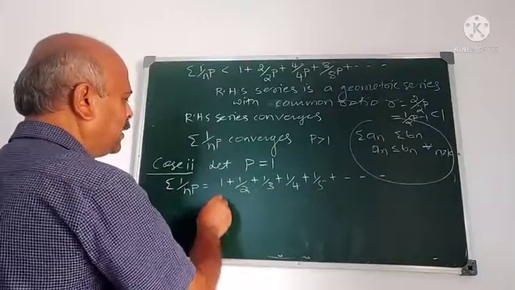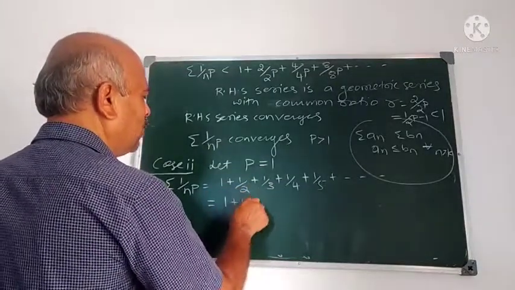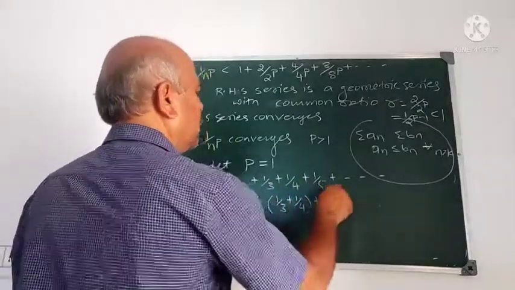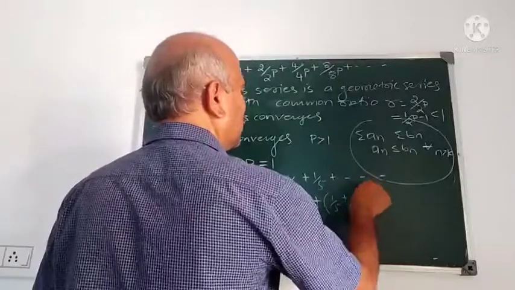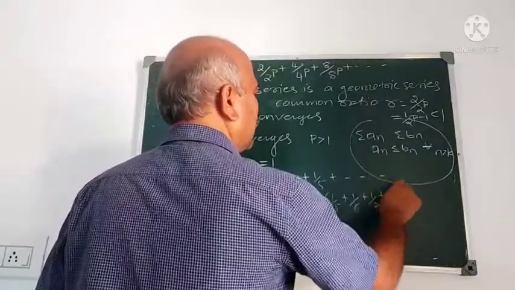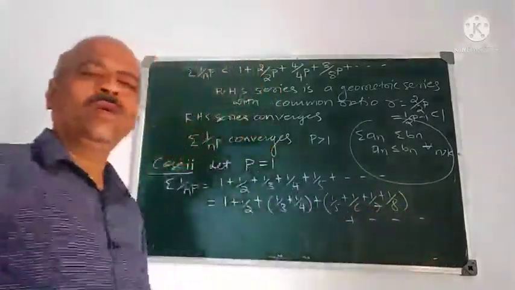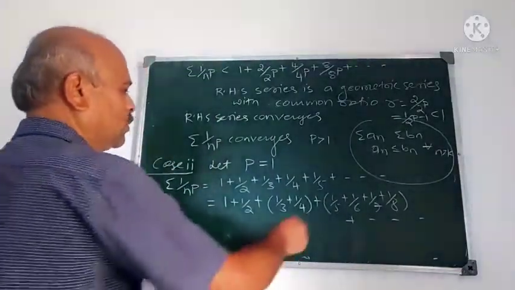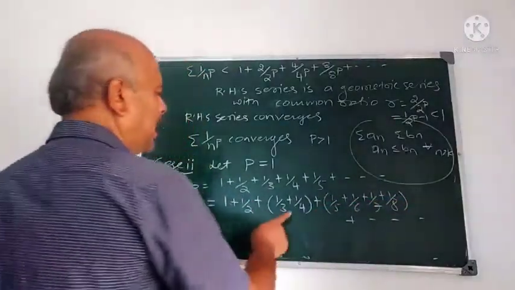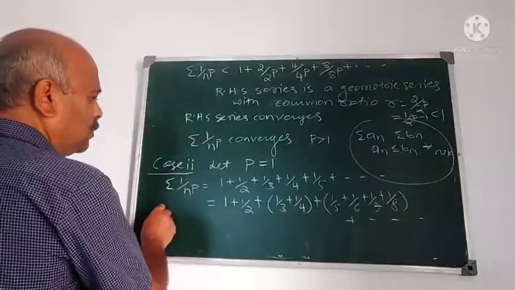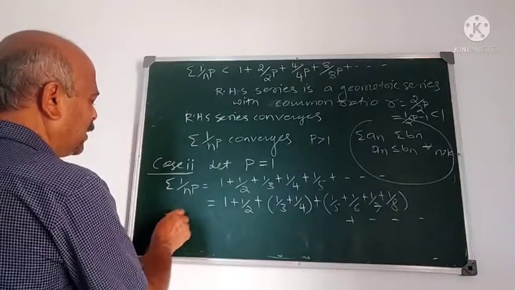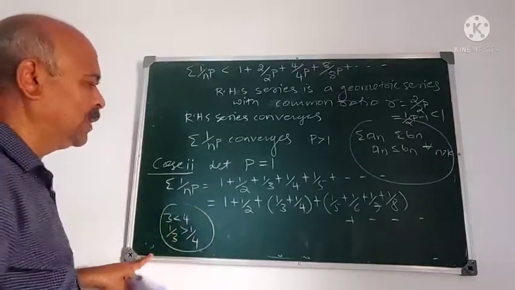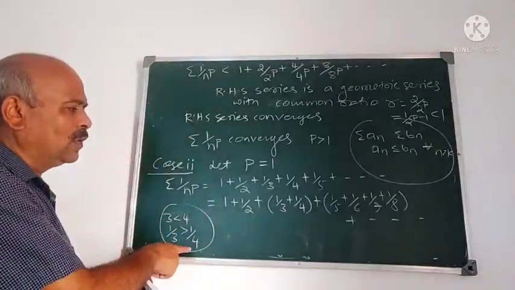Now we rearrange the terms like this. It is 1 plus 1 upon 2 plus 1 upon 3 plus 1 upon 4 plus 1 upon 5 plus 1 upon 6 plus 1 upon 7 plus 1 upon 8 plus so on. Now 3 is less than 4, so 1 upon 3 is greater than 1 upon 4.